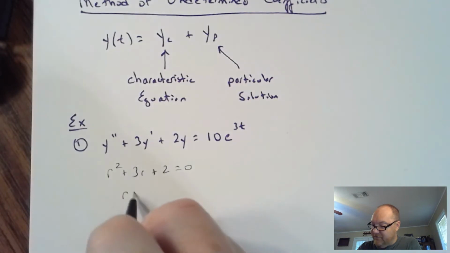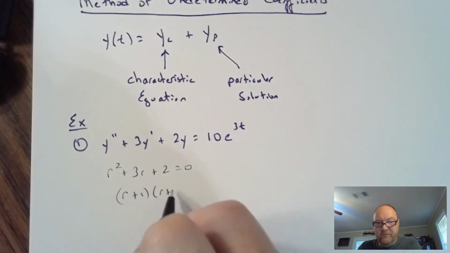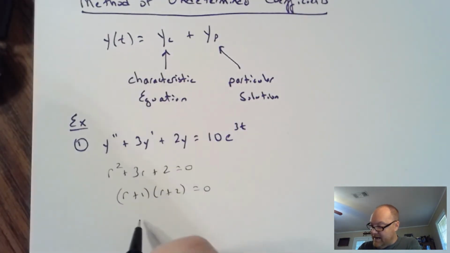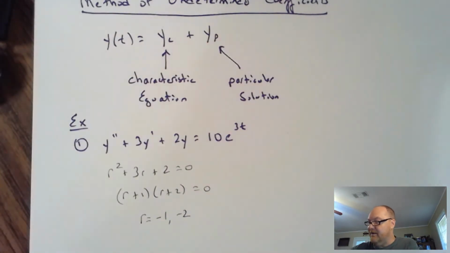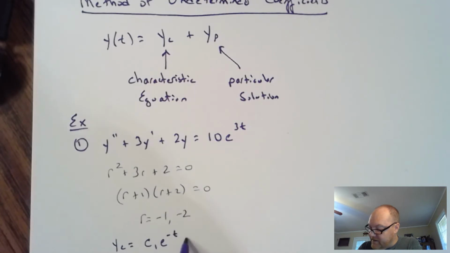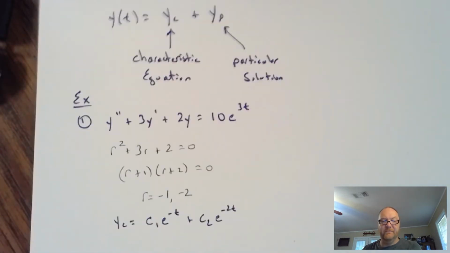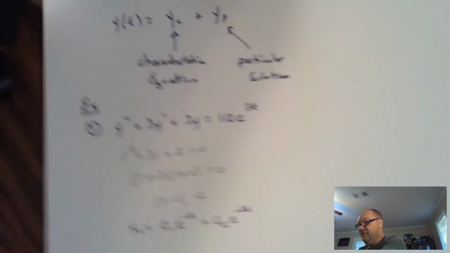Which factors into r plus 1 and r plus 2. And I end up with solutions of -1 and -2. So for my characteristic equation solution, we end up with some constant e to the -t plus some other constant e to the -2t.